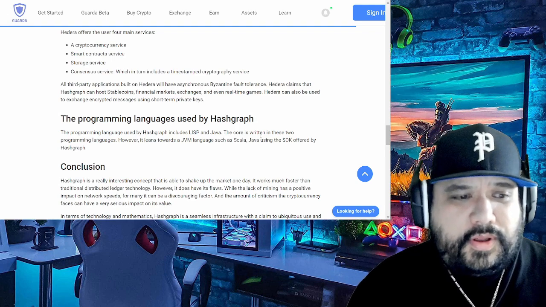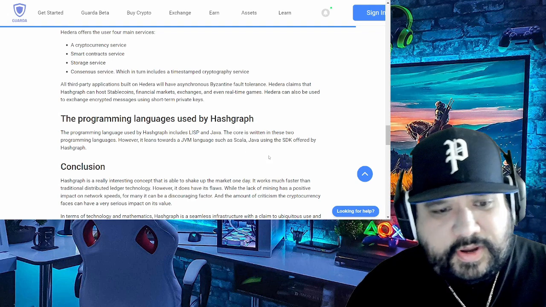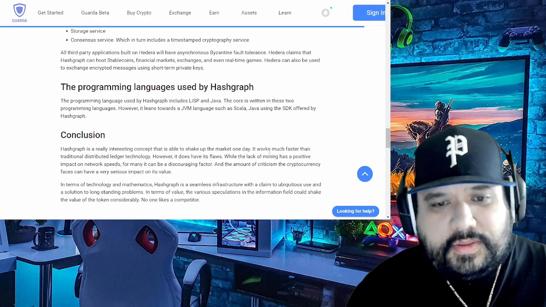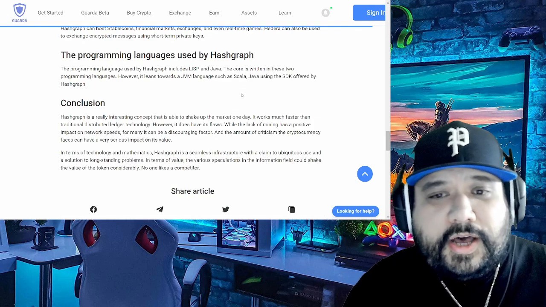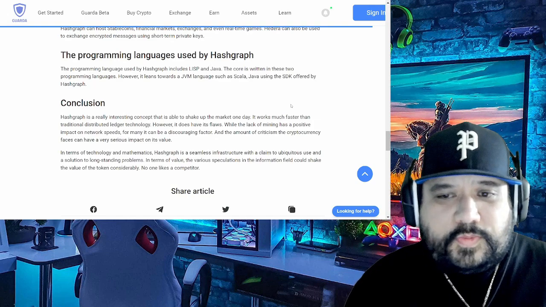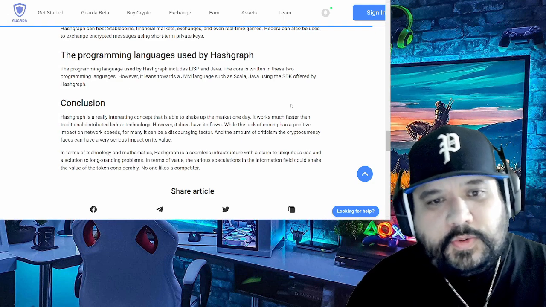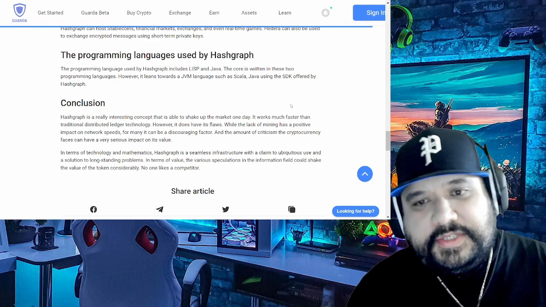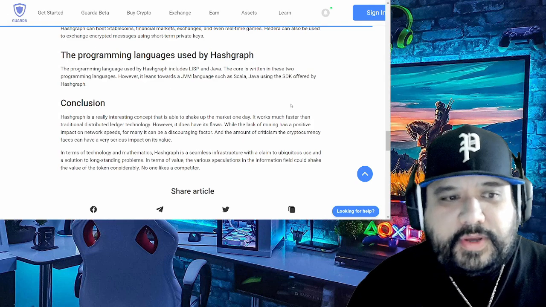Now, there's a little bit more in regards to the programming languages used by Hashgraph, such as Lisp, and Java. The core is written in these two programming languages. However, it leans towards a JVM language such as Scala, Java, using the SDK offered by Hashgraph.